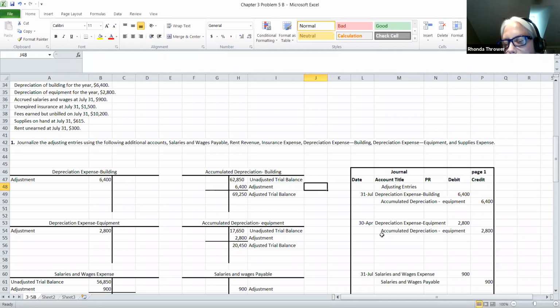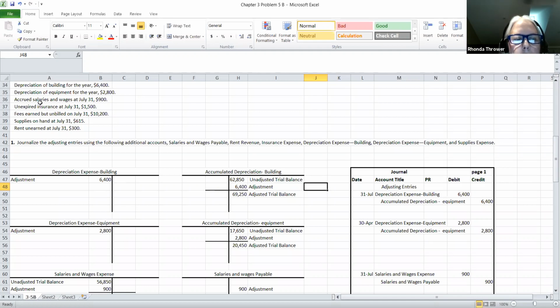So I would post to the ledger these balances from the journal, and then I will rebalance my ledger accounts so that they have the correct balance in them. That new balance will become the adjusted trial balance amount so that we can prepare financial statements from the adjusted trial balance.